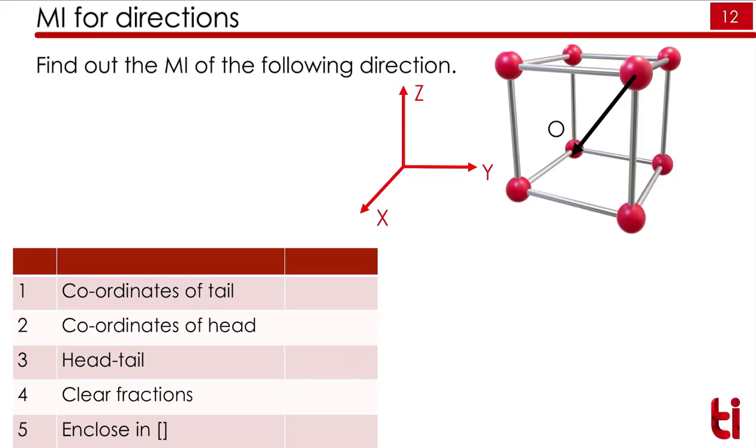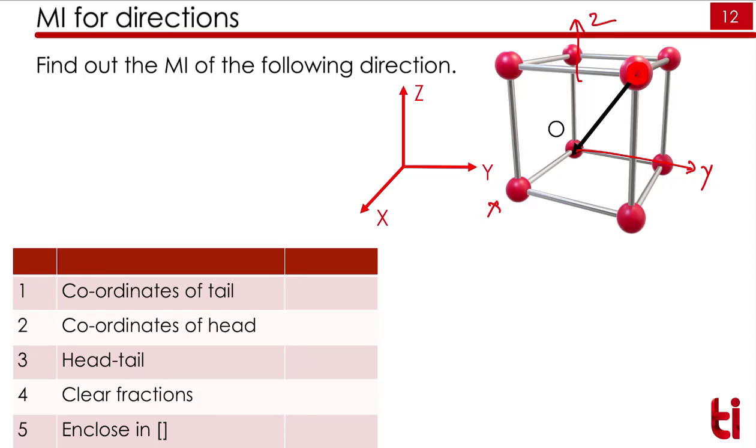Another example here. This is the x-axis, this is the y-axis, this is the z-axis. To find the coordinates of the tail, you have to move to that particular point. First I have to move along x, then along y, and then along z.